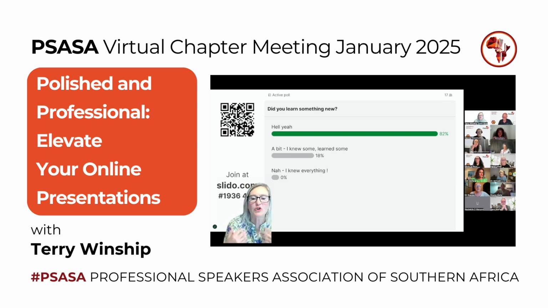But when you're showing the poll results, you will see in Slido, you can do word clouds, you can do all sorts of clever things, but it makes the engagement much better because people can see the results as they do it.